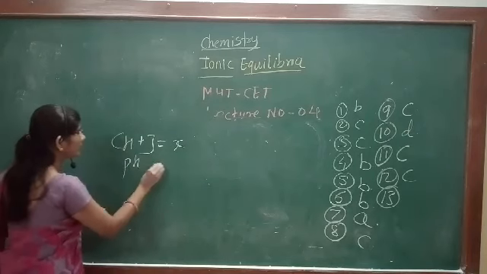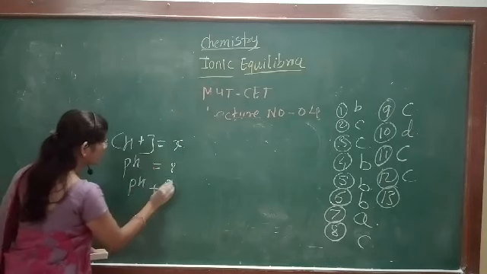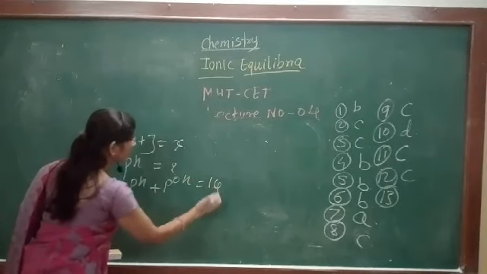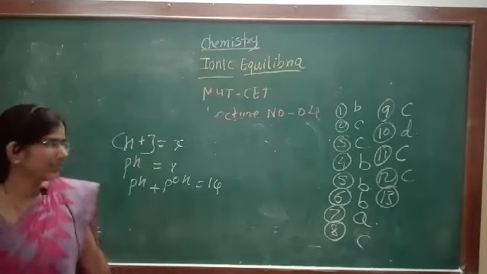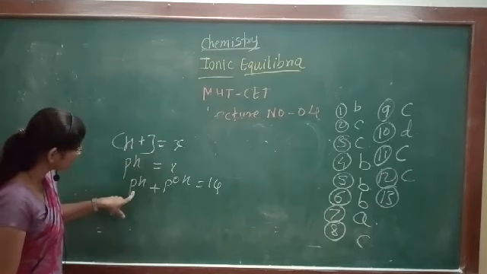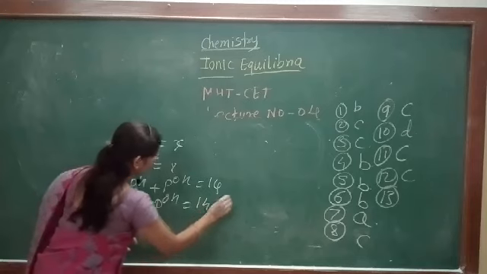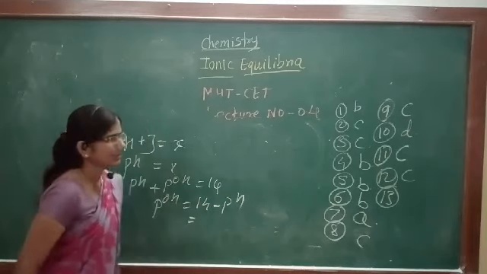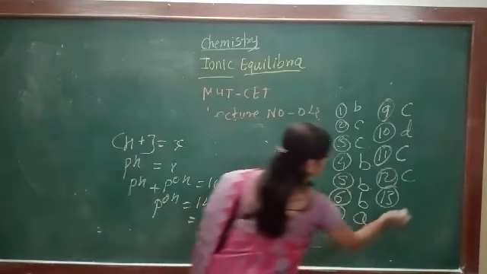From that we have to calculate the pH and from the relation pH plus pOH is equal to 14 we have to calculate the pOH of that solution. H plus वरून pH काढायचा आणि मग ती व्हॅल्यू ठेवली की मग pOH which is equal to 14 minus pH and the correct option for this 13 number question is option A.